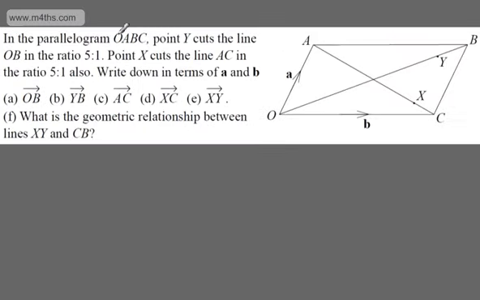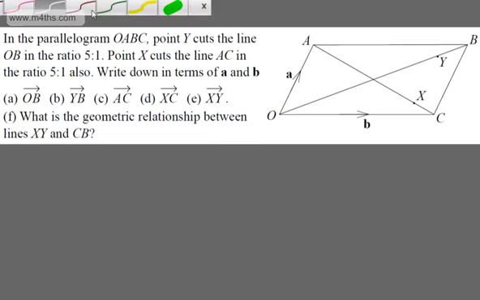Okay, let's look at another one. In the parallelogram OABC, point Y cuts the line OB in the ratio 5 to 1. Point X cuts the line AC in the ratio of 5 to 1 also. Write down in terms of A and B: a) OB, b) OY, c) AC, d) AX, and e) XY. In part f, we need to state what is the geometric relationship between lines XY and CB.